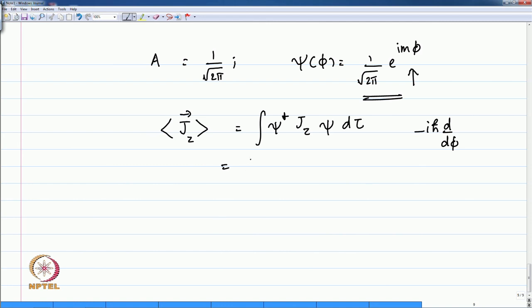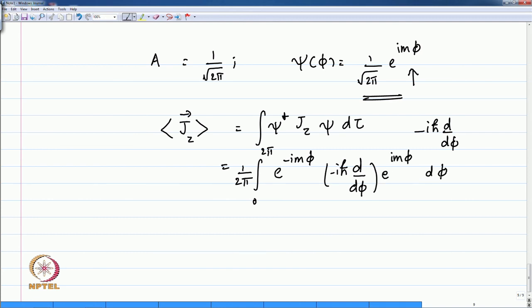Therefore, if you calculate that, you have the integral between 0 and 2 pi of 1 by 2 pi, because psi star psi is the square of 1 by root 2 pi, and then you have e to the minus i m phi, minus i h bar d by d phi of e to the i m phi, d phi. I do not need the denominator because the wave function is already normalized.